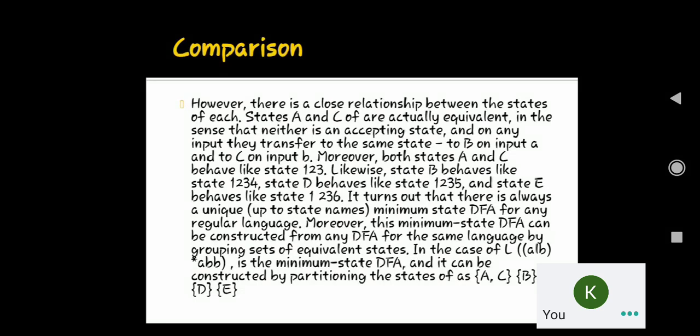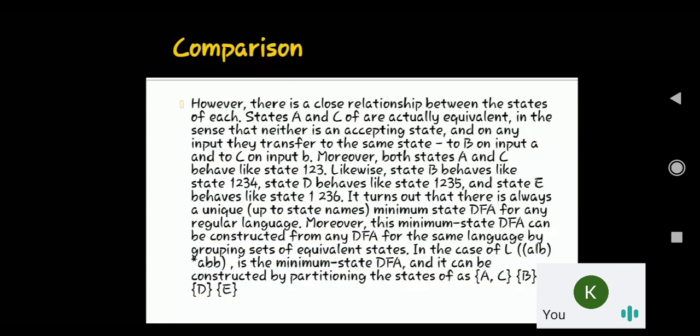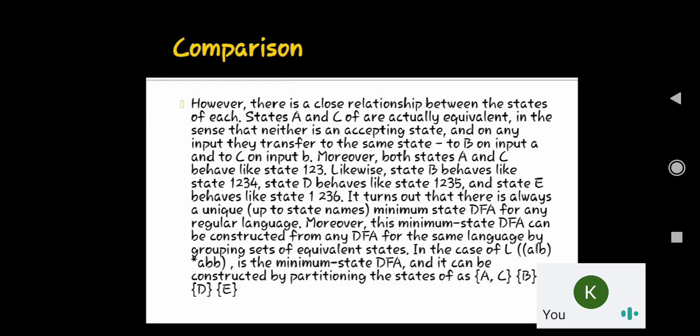So for the same language, a b asterisk a b b, we are constructing two DFAs actually. See here in the bottom, they have mentioned A comma C as the first group, B within braces as the second group, D within braces as the third group, and capital E as the fourth group.